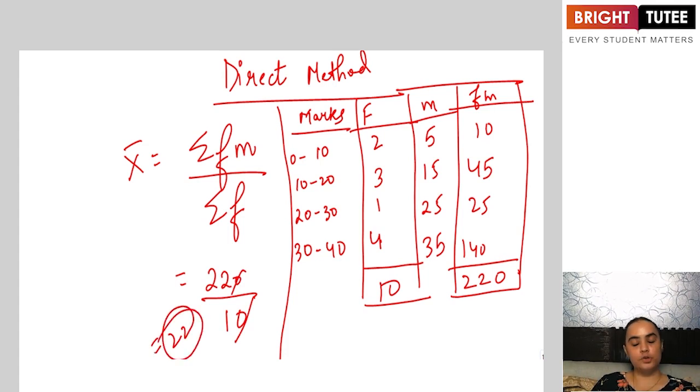So my average mean is 22. So it is almost the same as the discrete series where you are multiplying your frequency with m. Here it is m, not x. M is also derived out of x over here. The second method is the assumed mean method.